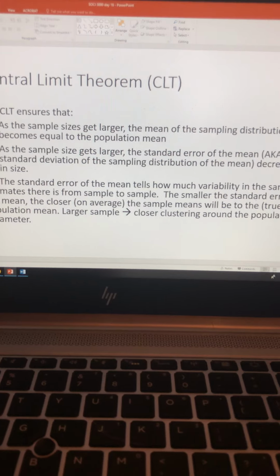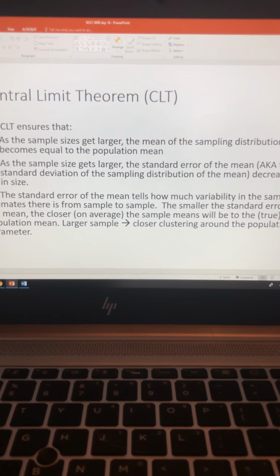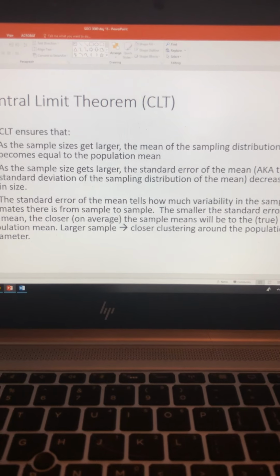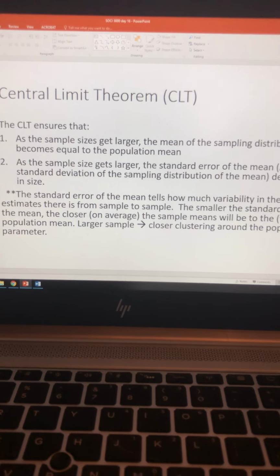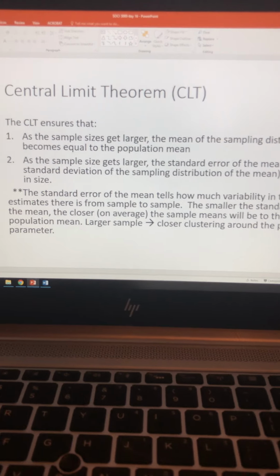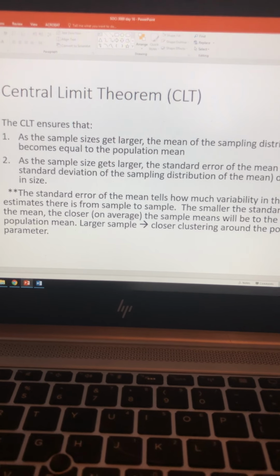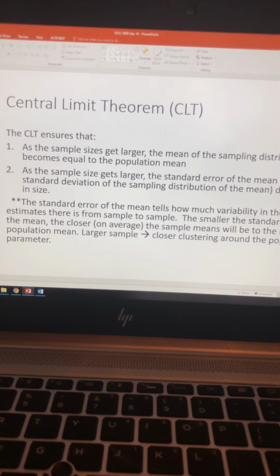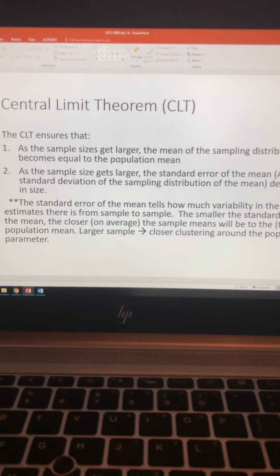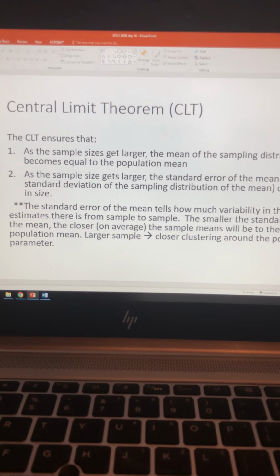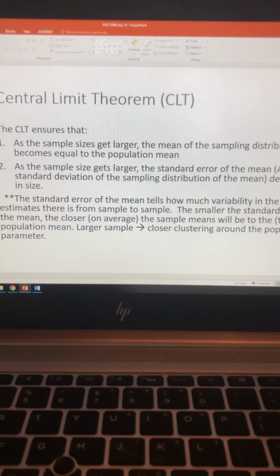And I think you can logically think about that. So if that population of 20, if we took a sample size of 10 or a sample size of 18, which do you think would more accurately represent the true population parameter? Well, the sample of size 18. And think of it another way. If we took a sample of size 20, which would be everybody, we would get the true population mean.